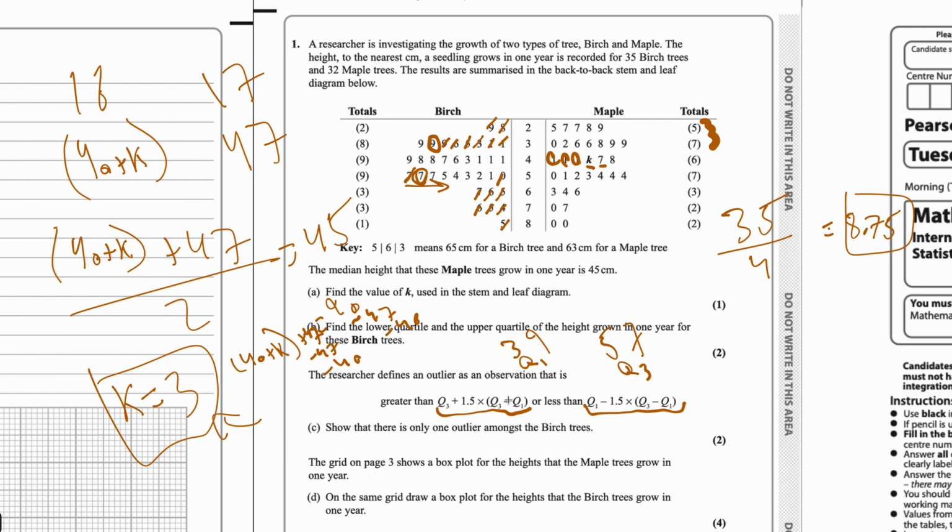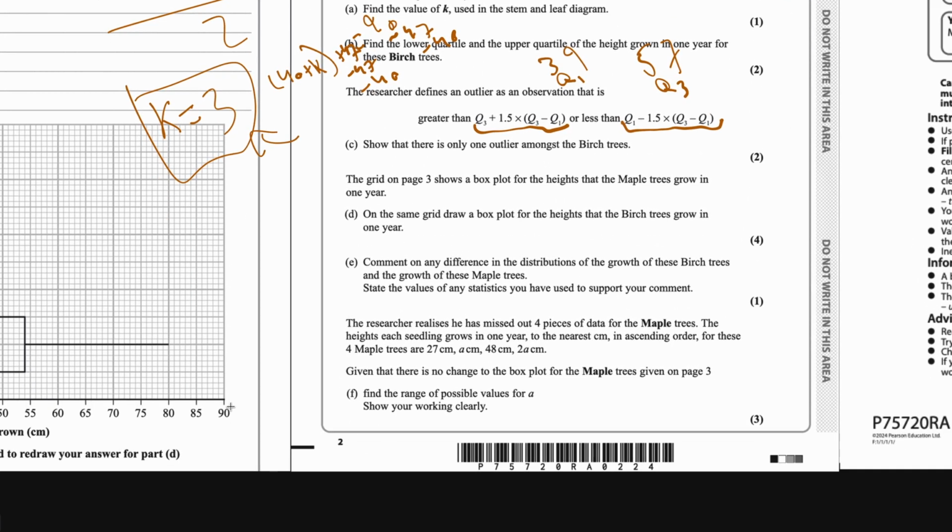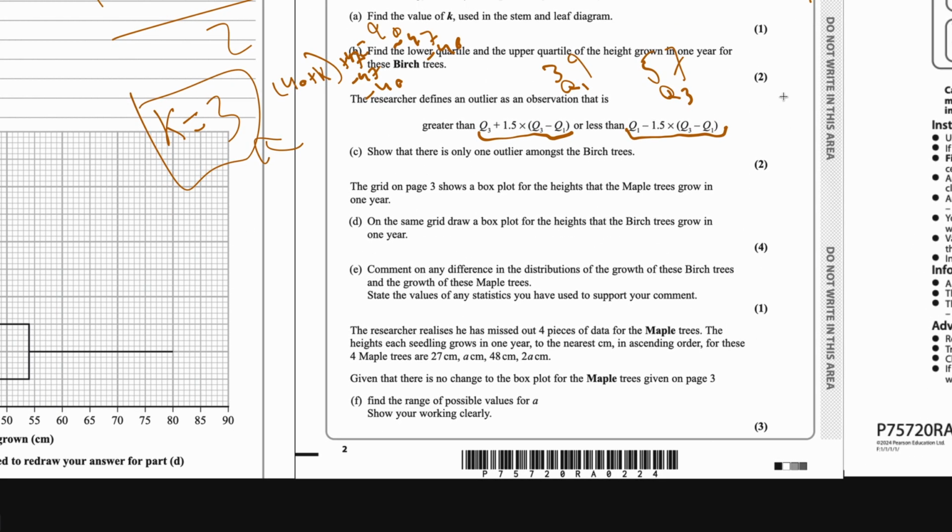So we have the Q3 and Q1, so let's just substitute all these numbers in. Q3 is 57 plus 1.5 multiplied by Q3 minus Q1, right? And this number is basically 84.